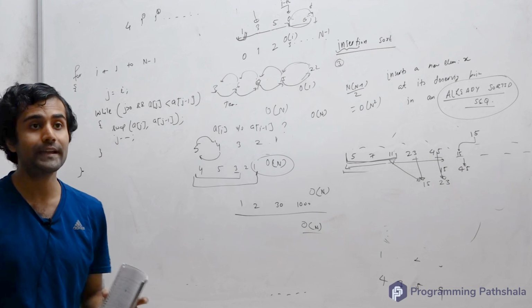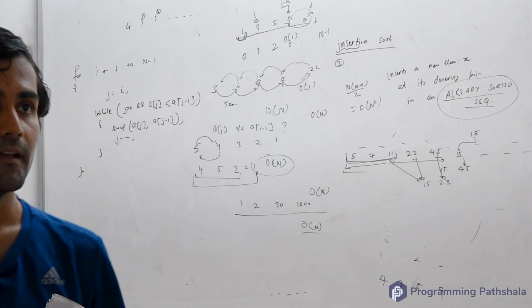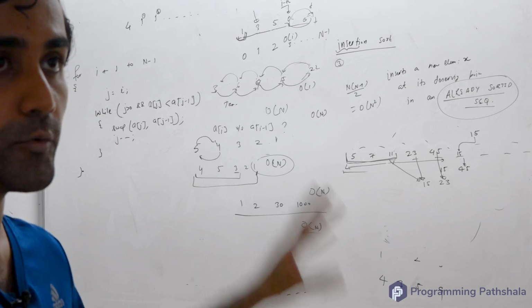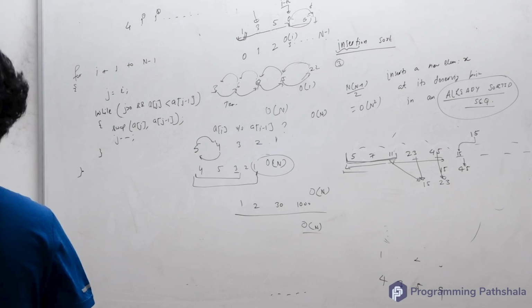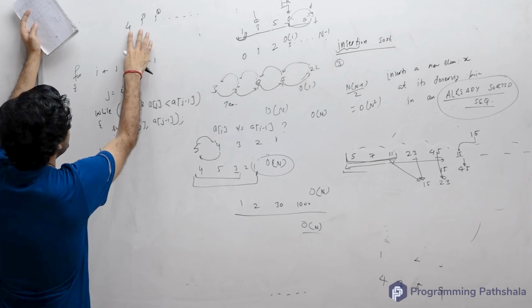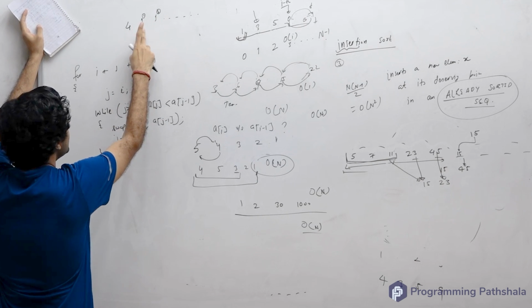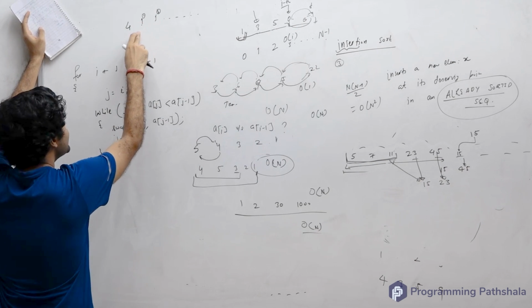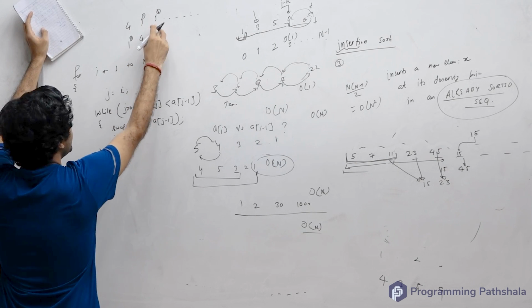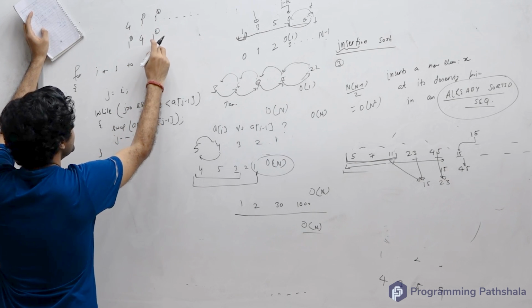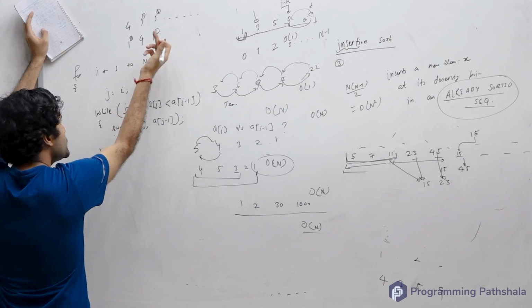Did you get this point? Yes, no? If you got this point, are you able to now decide on your own whether it should be stable or unstable? So what would initially happen? Here there is no point of stability because the elements are different, so the swap is indispensable. So 1 will come over here and 4 will come over here. Now first you will compare this and this, so the swap has to happen.